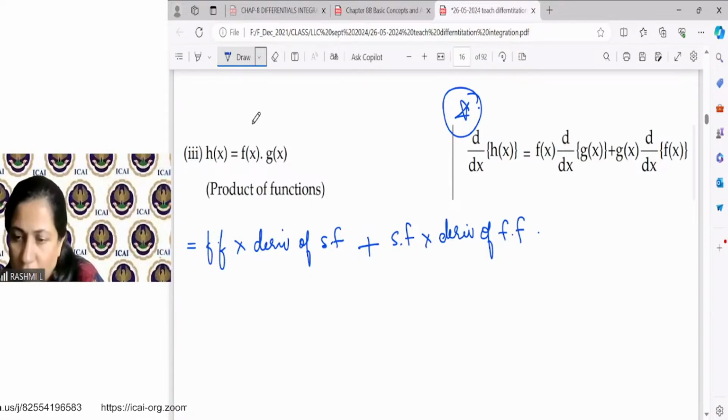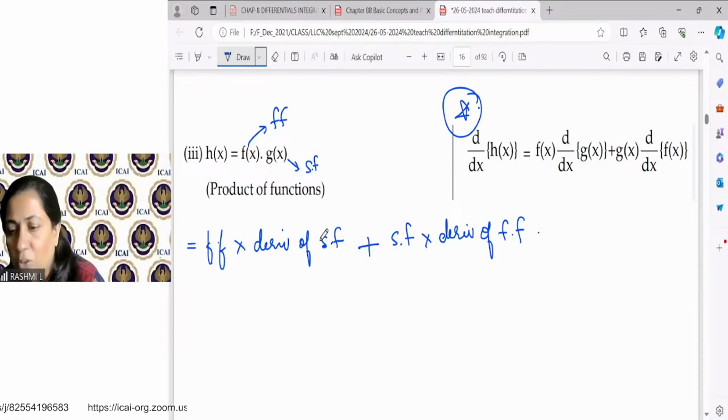So if this is my first function and this is my second function, then first function into derivative of second function plus second function into derivative of first function.